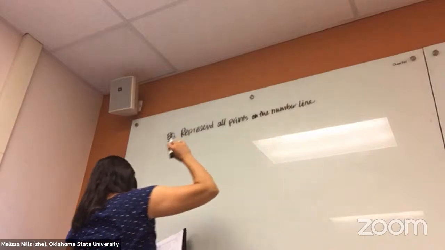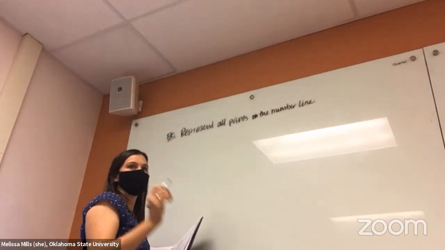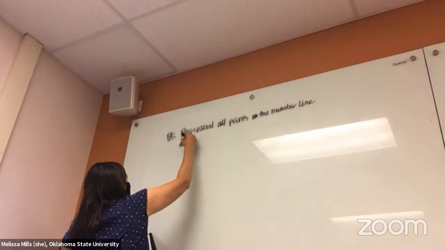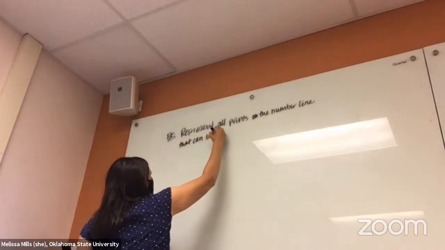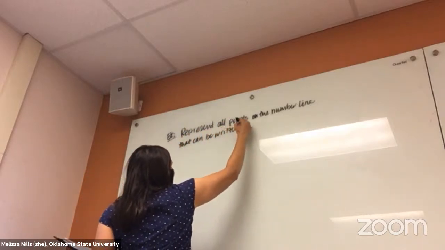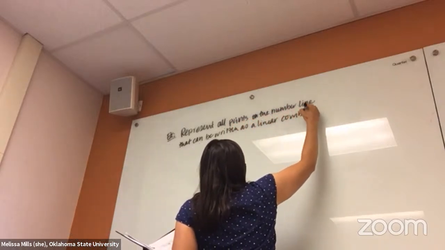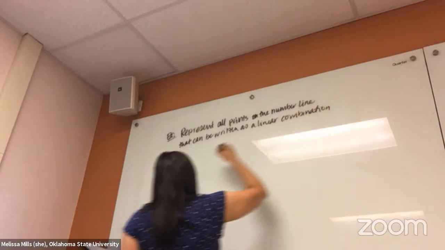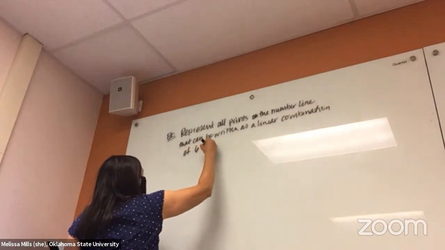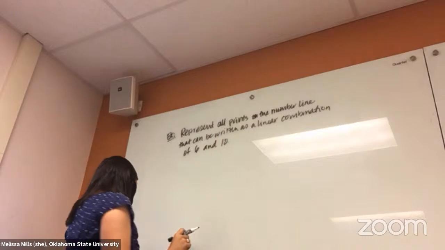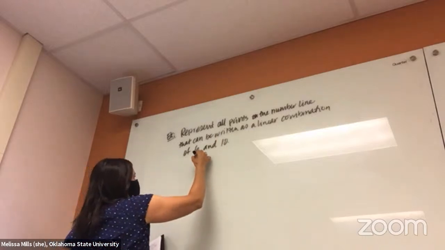That can be written as a linear combination of 6 and 10. So in other words, they can be written like this.